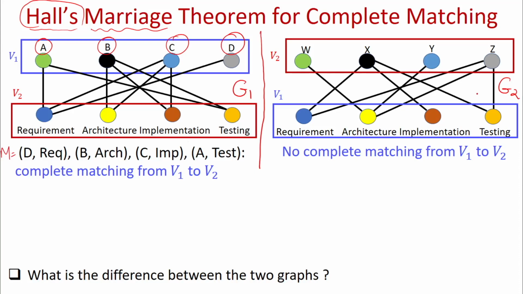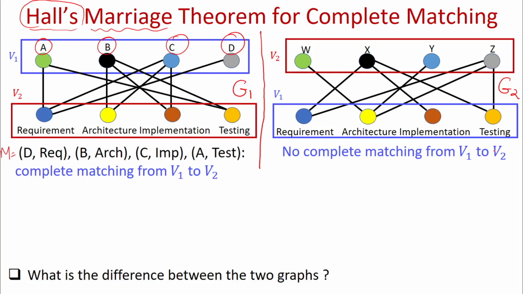So recall the job assignment problem was that we want to ensure that each of the four modules, namely requirement, architecture, implementation, and testing, is taken care of by some employee. But at the same time, I do not want to assign more than one job to any employee. That problem can be modeled as finding a complete matching from V1 to V2.